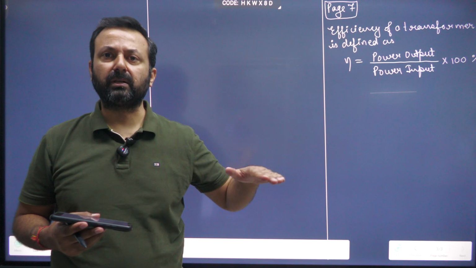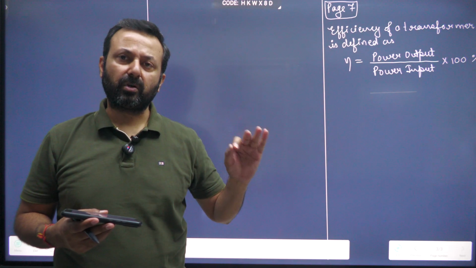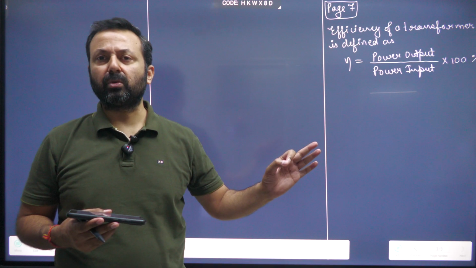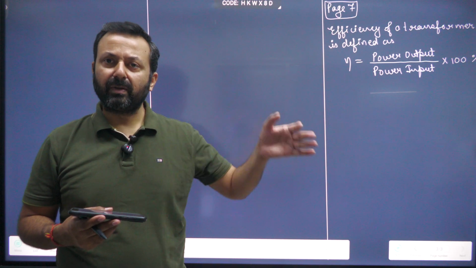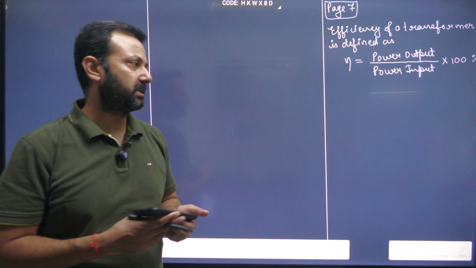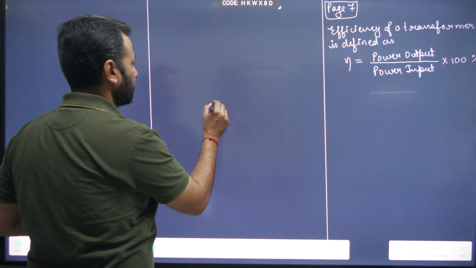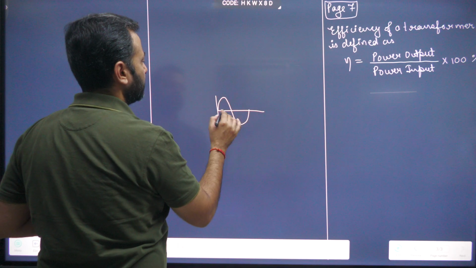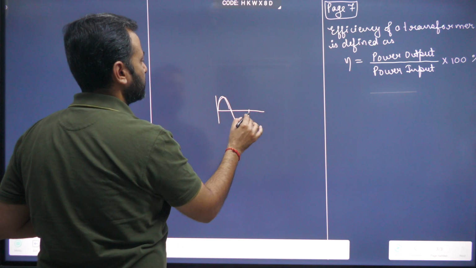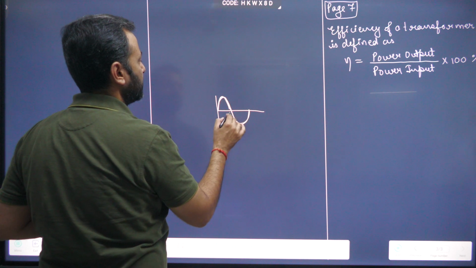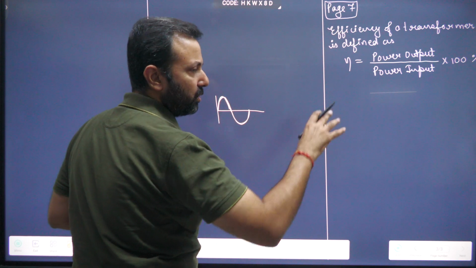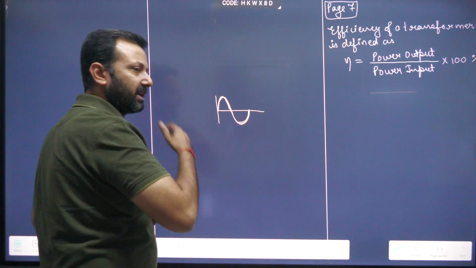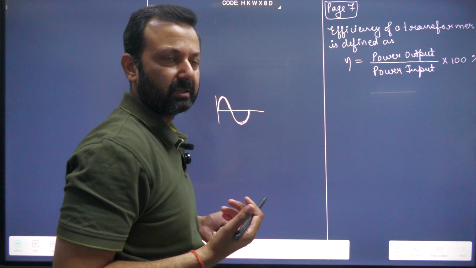It is not a constant current. When it goes in one direction, it magnetizes the core of the transformer, and when it goes in the other direction, it demagnetizes it, which means it removes the magnetism.